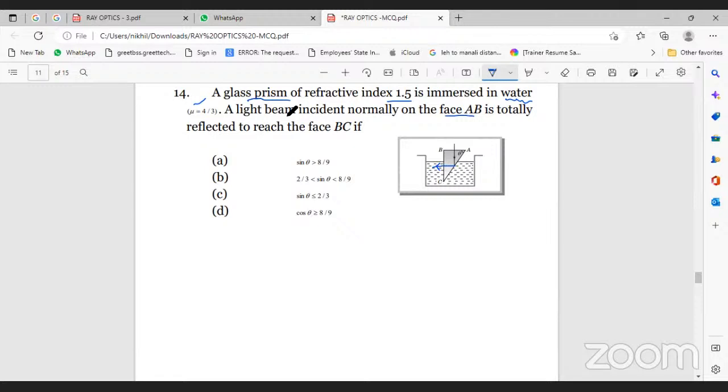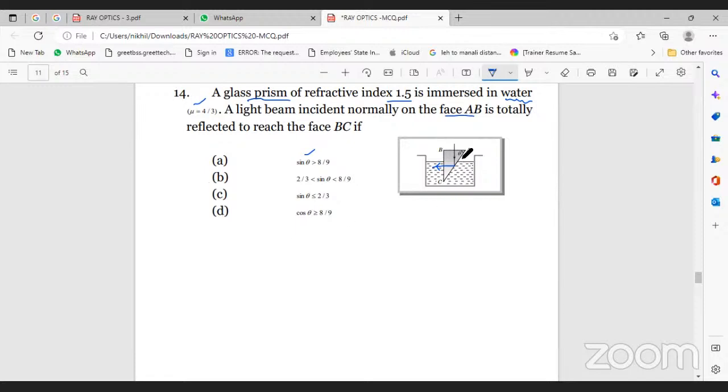Can you tell me the relation for sine theta? When will total internal reflection take place? Sir, when it is greater than the critical angle. Very good.